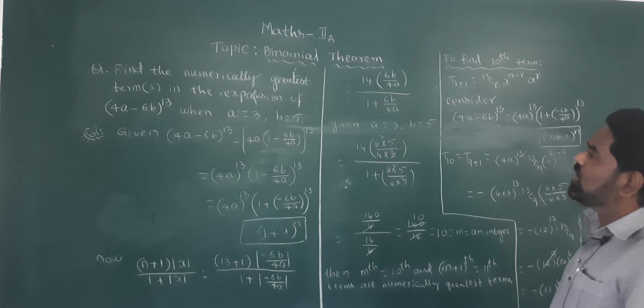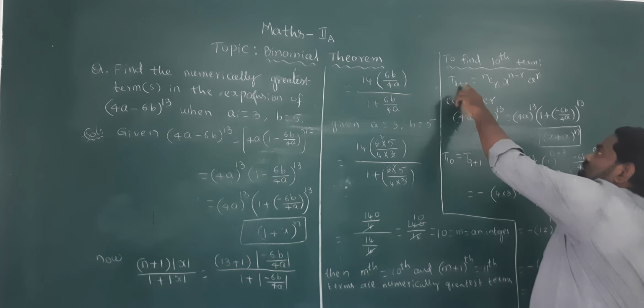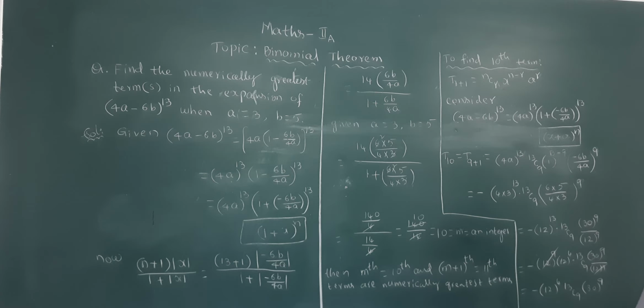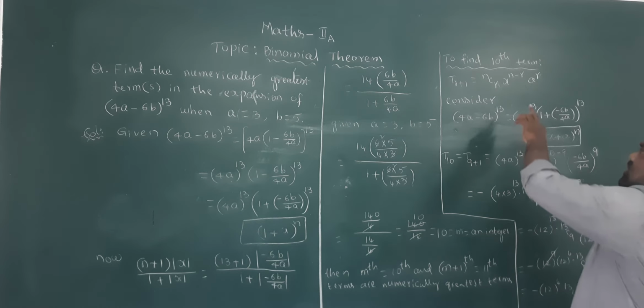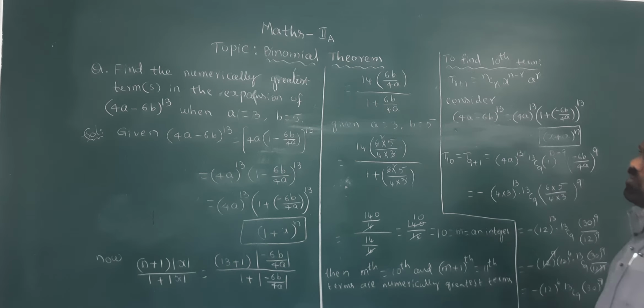Okay? Here, listen. We have taken the formula T(r+1) equal to nCr x^(n-r) a^r.